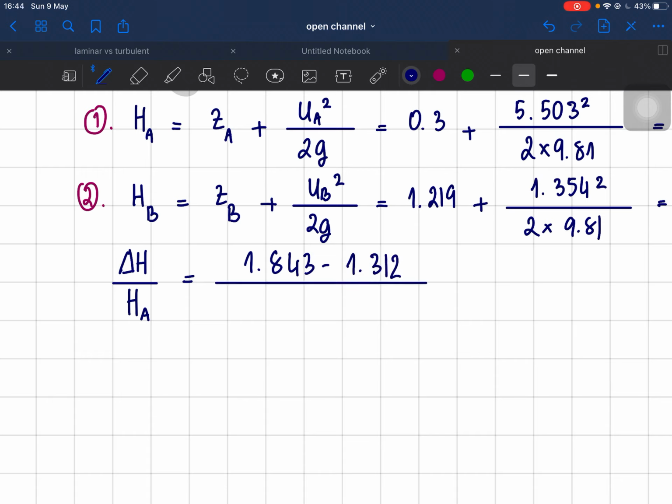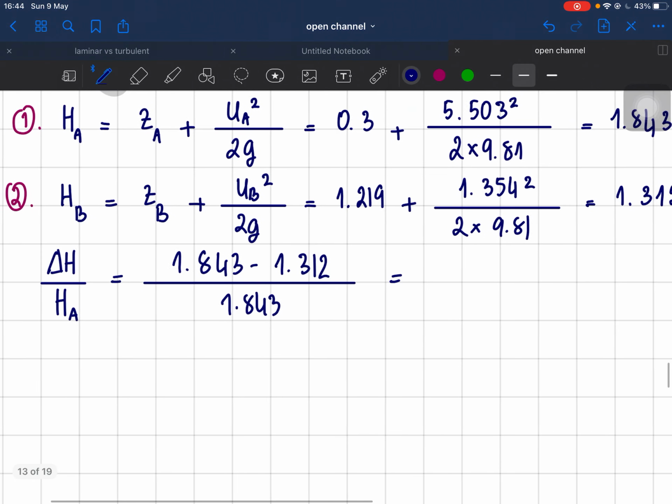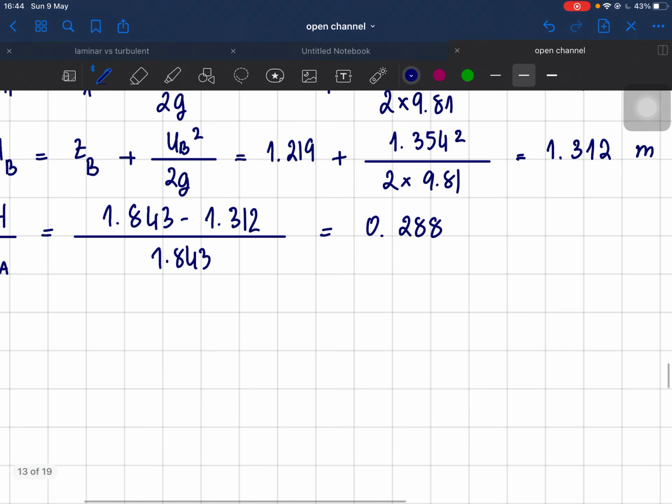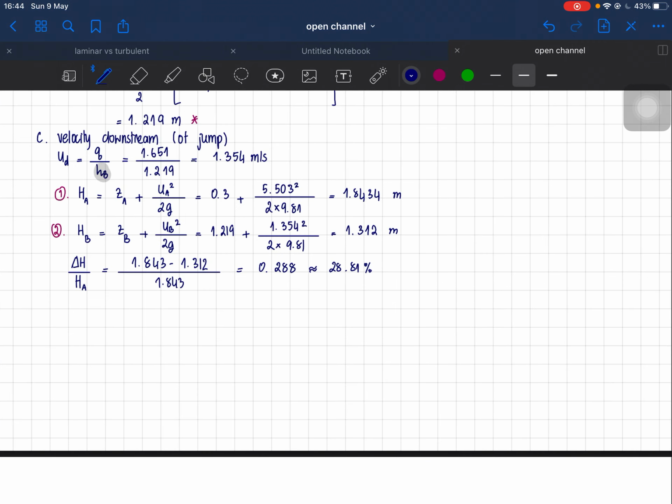Everything here equals to 1.843 like this, and the answer is 0.2881. So it's probably times 100, probably 28. So if they're asking for a fraction, it's basically they're asking for the percentage of the energy that is lost.